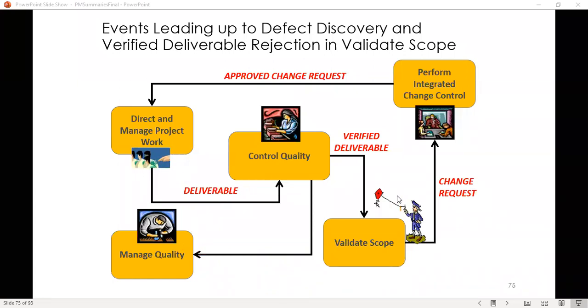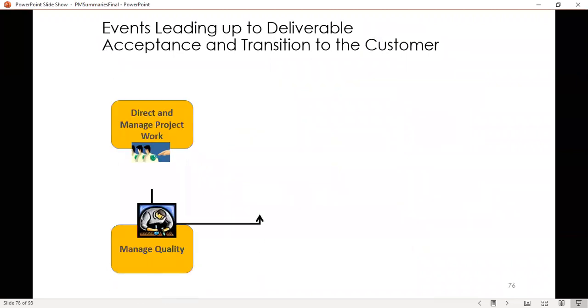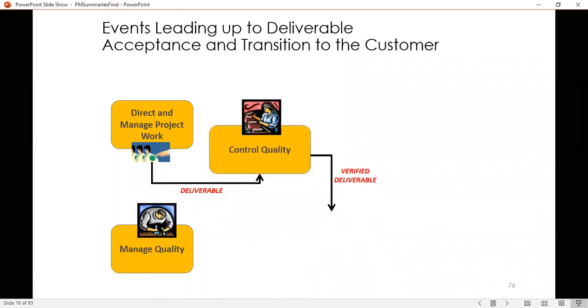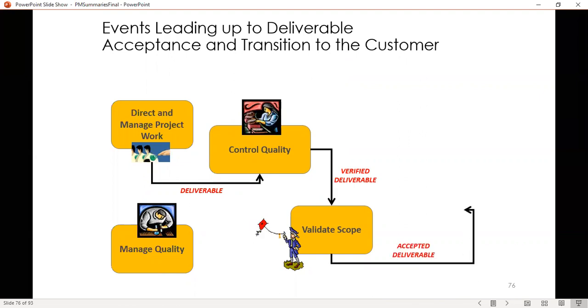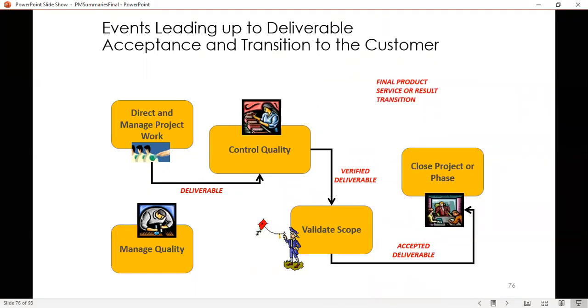So ultimately, this could happen again and again and again and again until we get to a point where, after creating the deliverable, after the lady has checked on the conveyor belt, the customer now finally accepts that deliverable and says, there's my stamp of approval, I'm giving you acceptance, and that accepted deliverable becomes an input to close project or phase, and ultimately you get the output, the final product, service, or result transition.